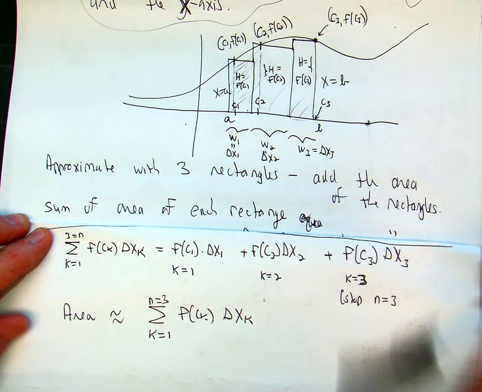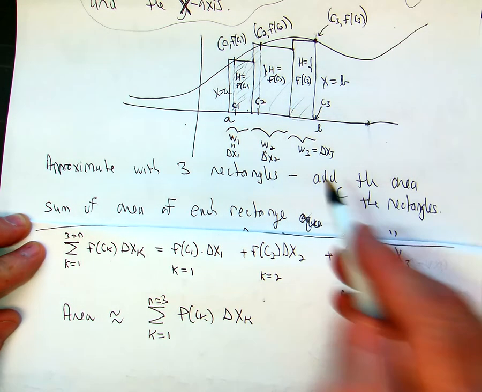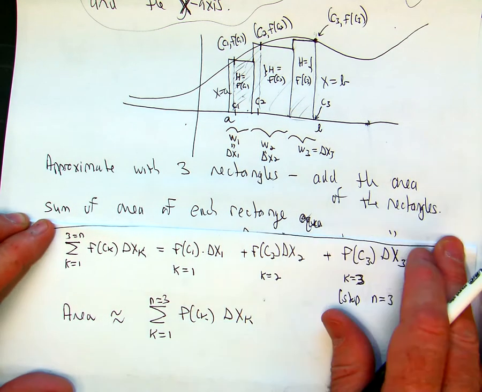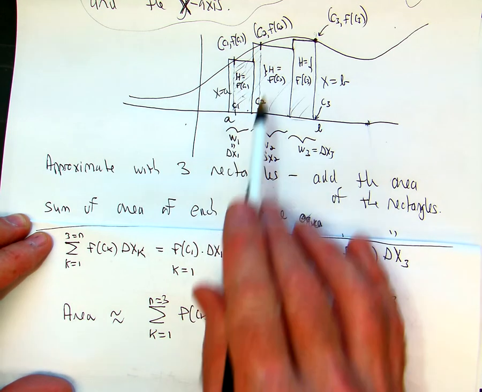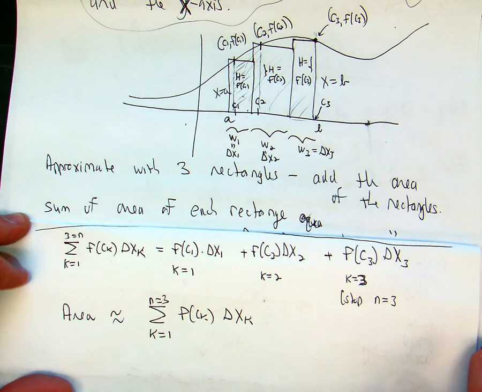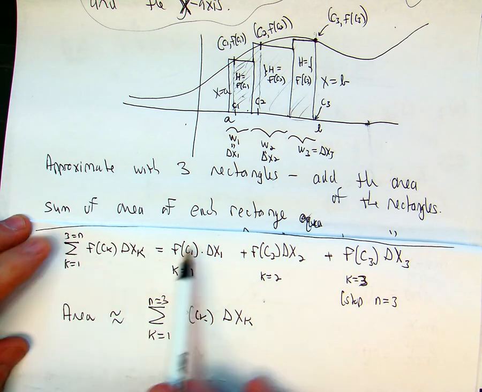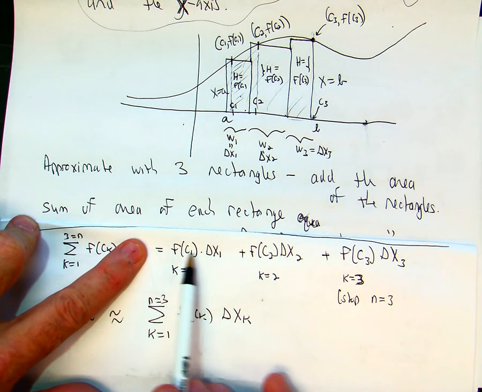I'm trying to find this area between B and A. I divided things into 3 rectangles, computed their heights and their widths, and added them together, and this is what I get for each of the areas.